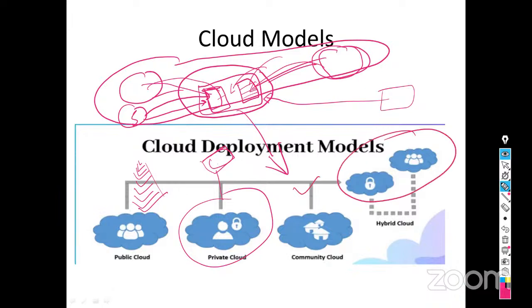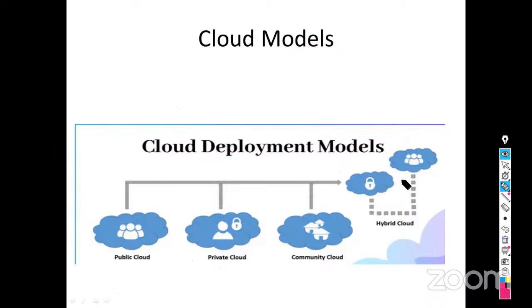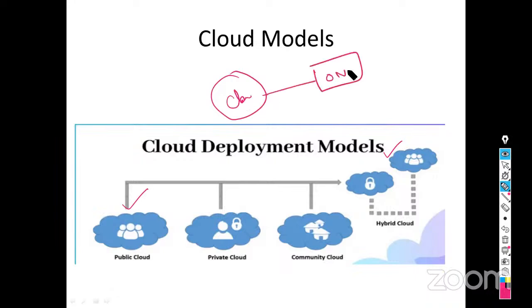So mostly in our experience, organizations go either with the public cloud or with the hybrid cloud. So what is hybrid cloud? Hybrid cloud is the combination of cloud plus your on-prem environment. This is one example of hybrid cloud.